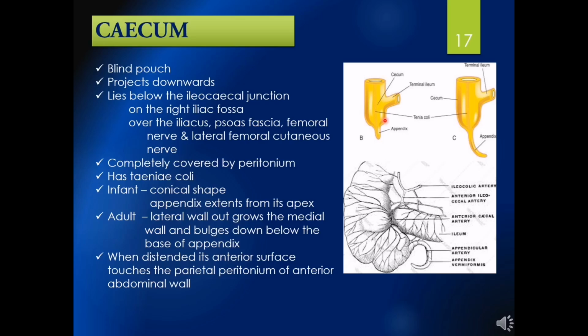During development, the adult will get a bulged cecum. The lateral wall outgrows the medial wall and bulges down below the base of the appendix. When the cecum is distended, its anterior surface touches the parietal peritoneum of the anterior abdominal wall. These are all about cecum.